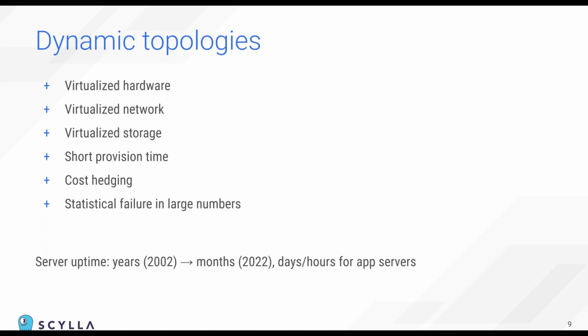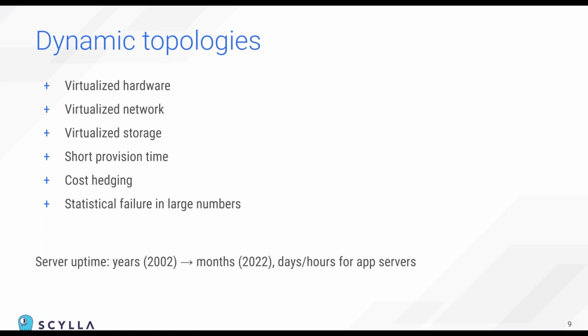But it changed another thing. Because the resources are virtualized and because there's a lot of them, thousands of servers, tens of thousands of servers, they might also go away because sometimes they fail statistically, but also because I'm doing cost hedging. So spot instances on AWS, and of course all the other clouds have that as well.